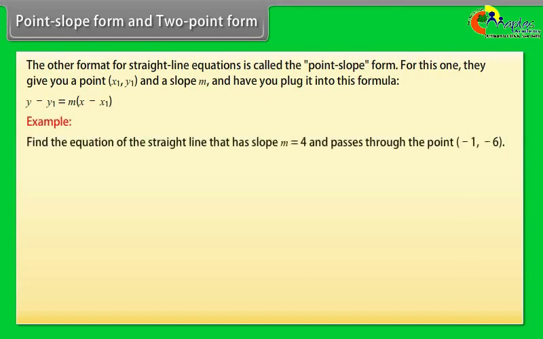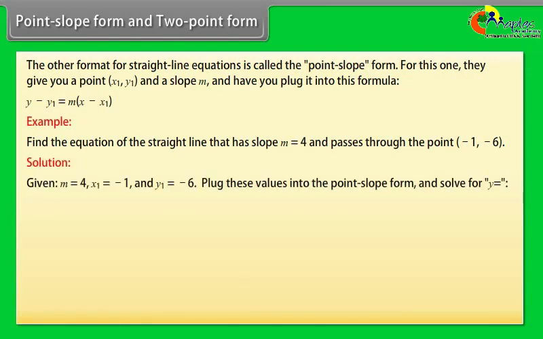Example. Find the equation of the straight line that has slope m equal to 4 and passes through the point (minus 1, minus 6). Solution. Given m is equal to 4, x1 is equal to minus 1 and y1 is equal to minus 6.